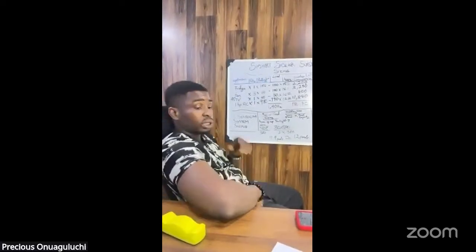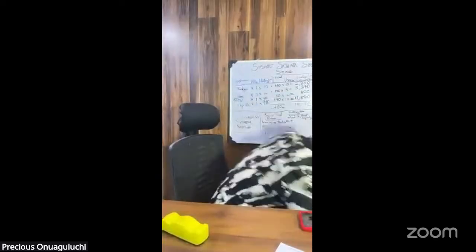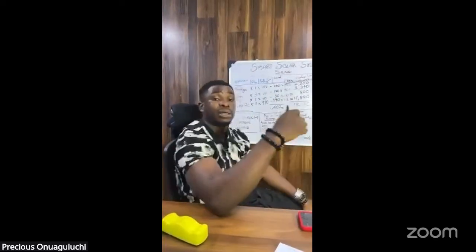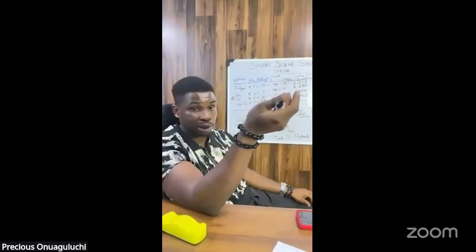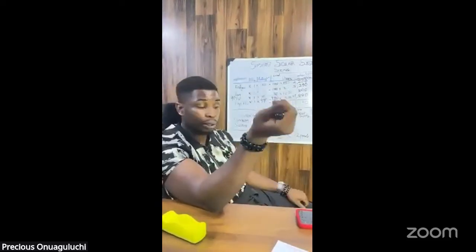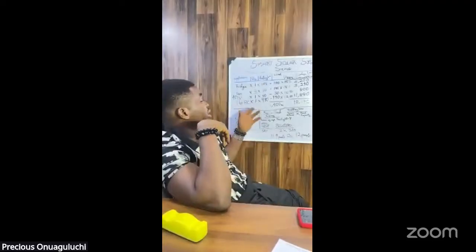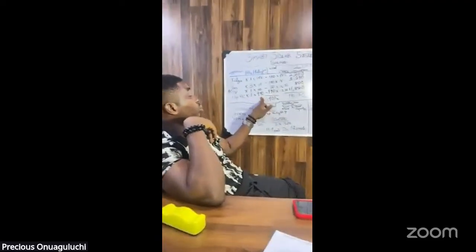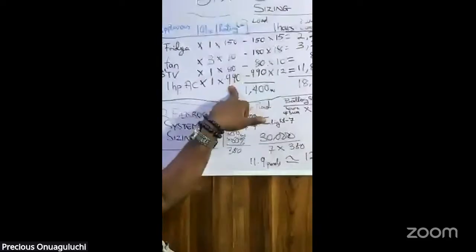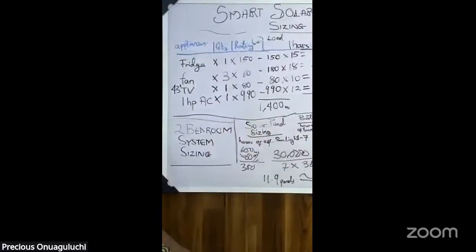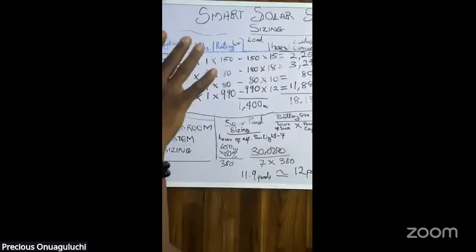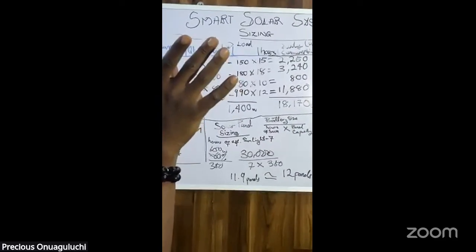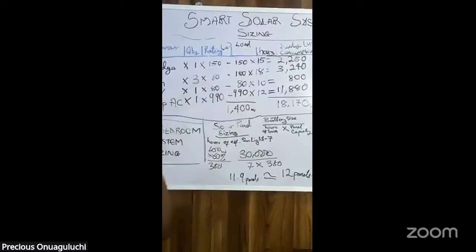Inductive loads are equipment whose startup power can be as high as 2 times the normal running power. For instance, this inverter AC, whose power is 990 watts, can have an inductive consumption of about 1.5 kilowatts. You understand? It can go up to 1,500.